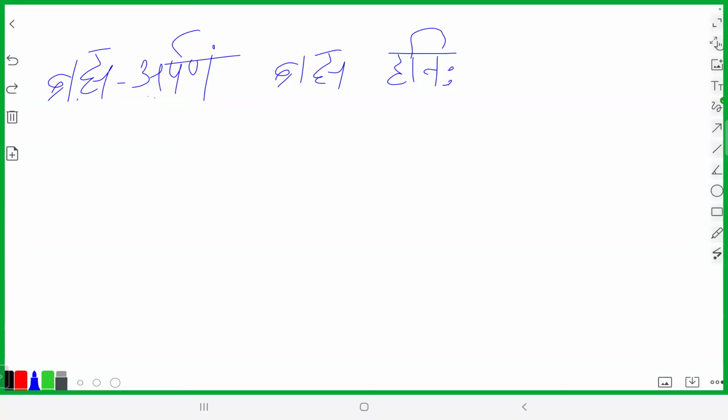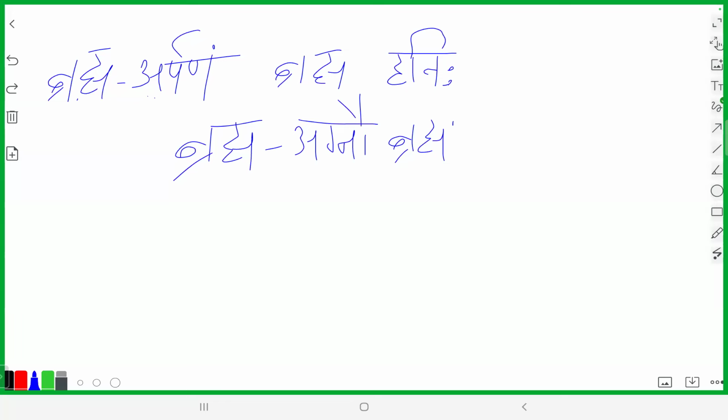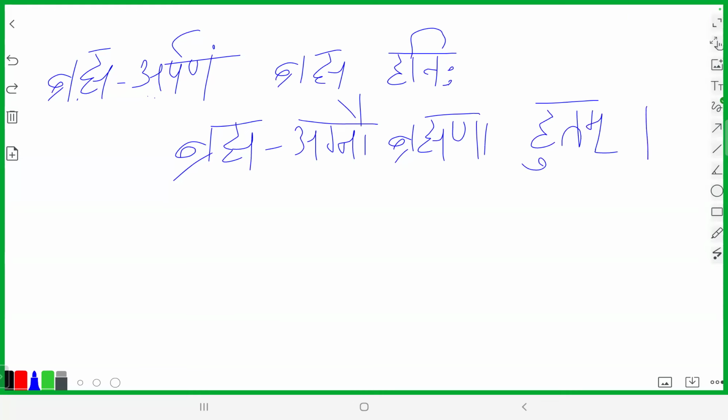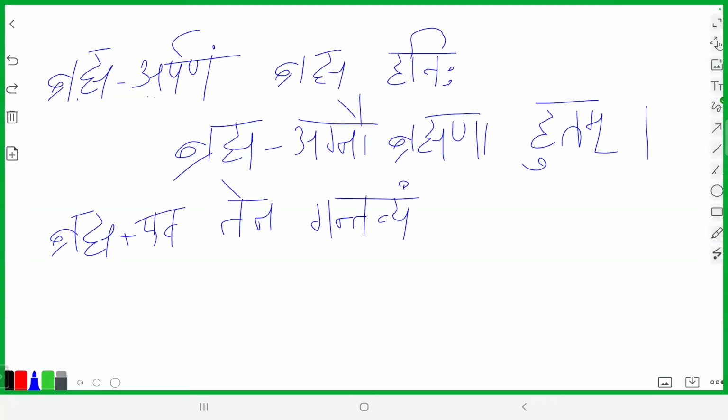Brahma Havihi, Brahma Agnau, Brahmana, Brahma Eva, Brahmaiva, Tena, Gantavyam, Brahma Karma Samadhina.